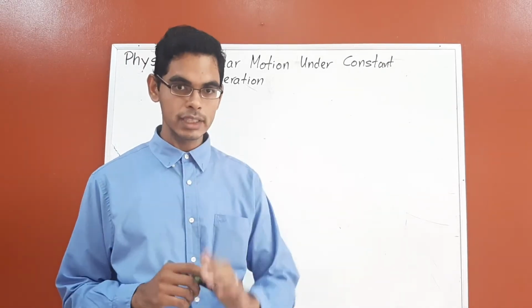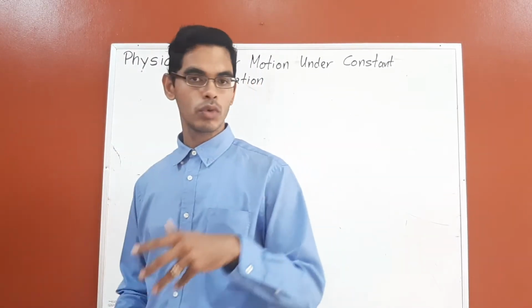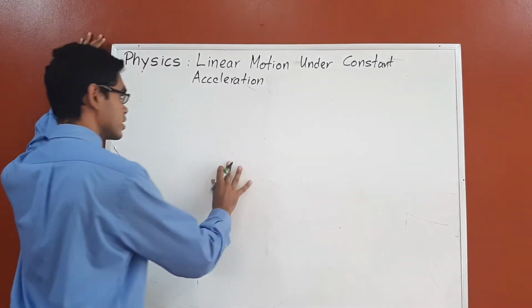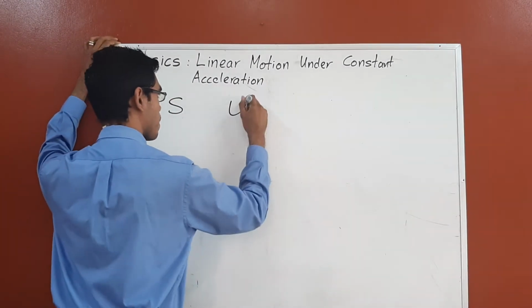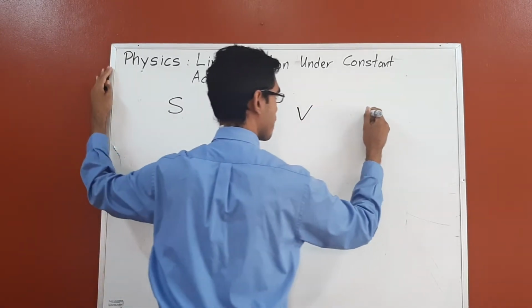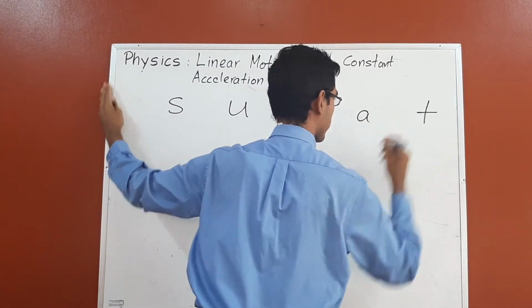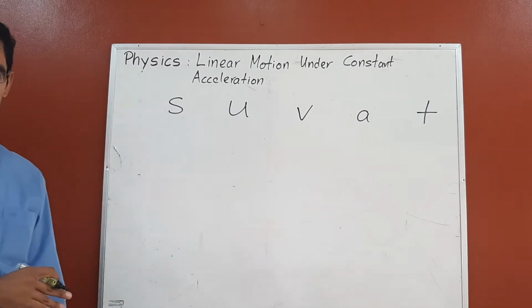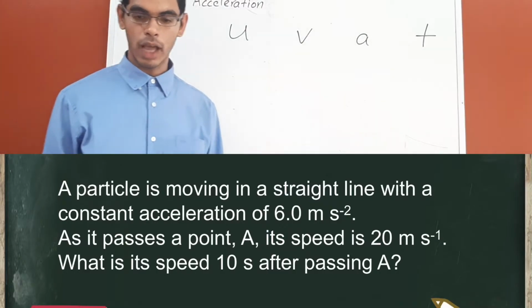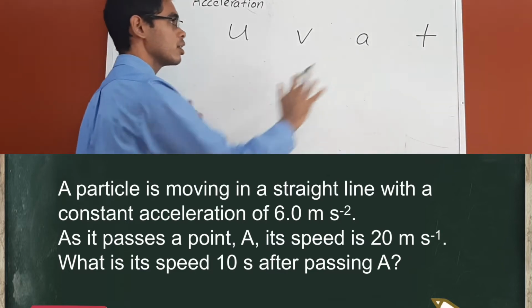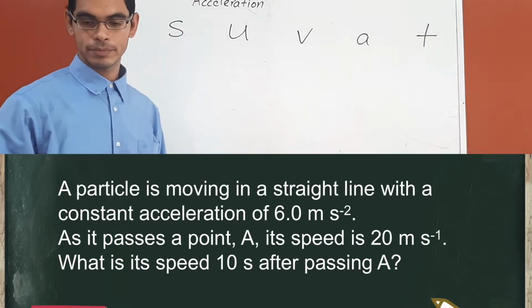Now, the first step is gather your data. Consider what you have. And here is the system that I'd like you to use. Write this. SUVAT. And now let's go through the question again. And let's populate under here what kind of information we have.